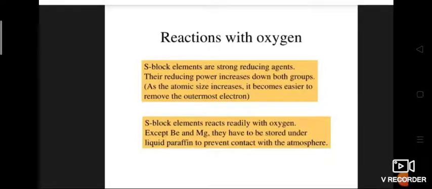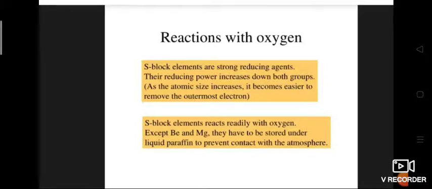So it can overcome sublimation and ionization enthalpy. Sodium is the weakest reducing agent among alkali metals due to its highest standard reduction potential. As atomic size increases, it becomes easier to remove the outermost electron.